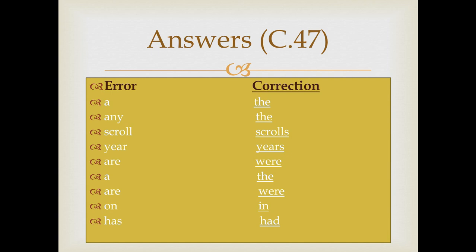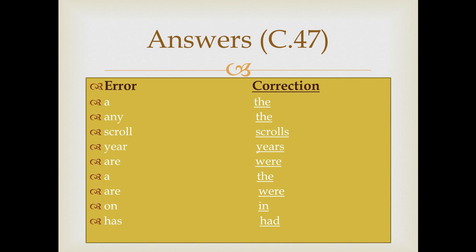The first group of scrolls are discovered. No. "Are" is the incorrect word. The first group of scrolls were discovered in 1847 by a group of schoolboys on a cave. No, that's incorrect. In a cave. So "on" will be replaced by "in" a cave.